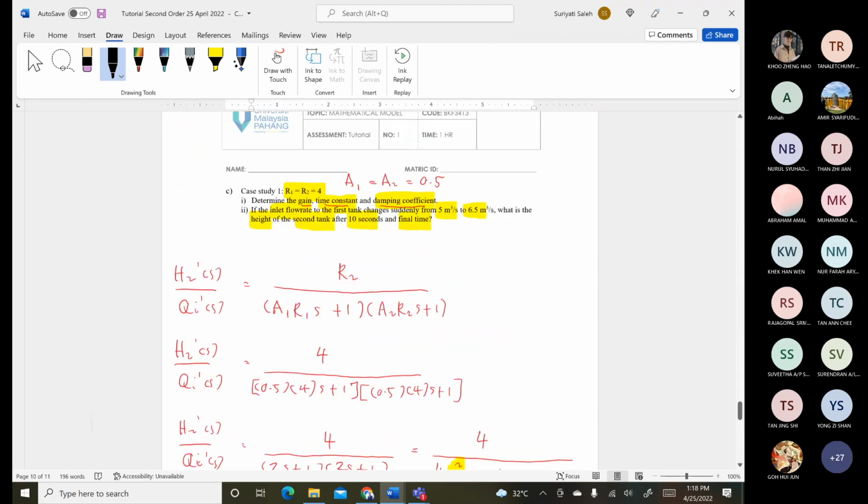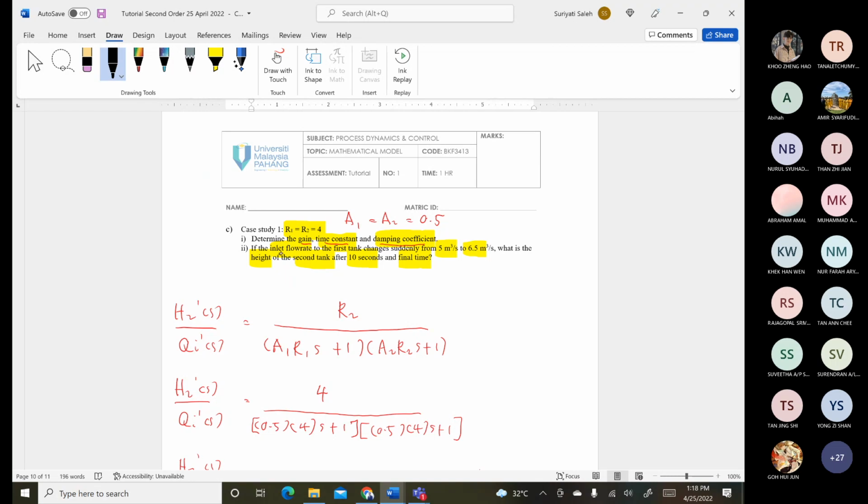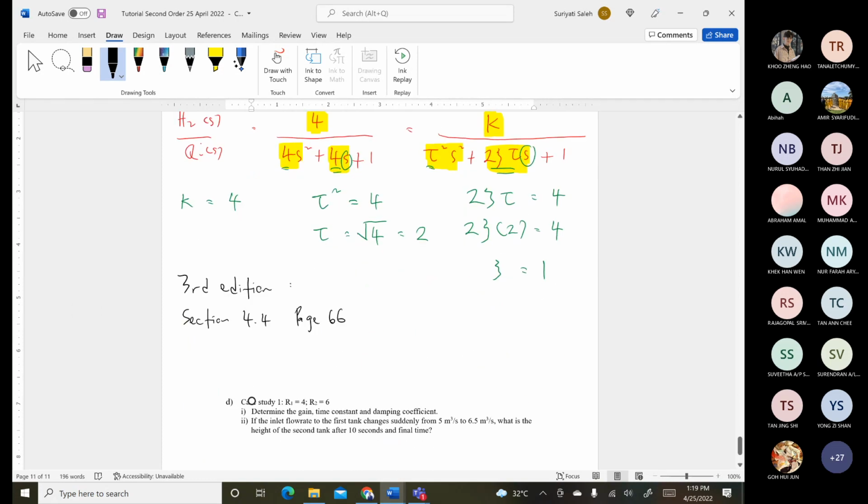Because if we take a look at the second question, they ask to find the height of the second tank after 10 seconds and at final time. So this means we need to convert the equation from the Laplace into the time domain. So how to do the inverse Laplace? In this case, we can refer to page 67. In page 67, we have a lot of equations. We can refer to equation 448, 450, or 451.